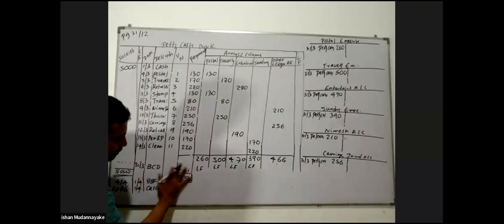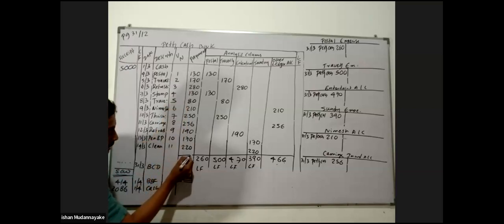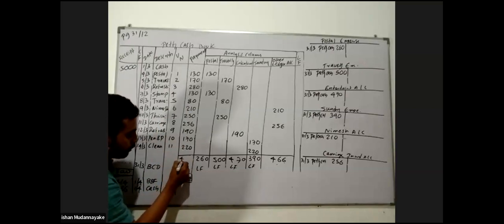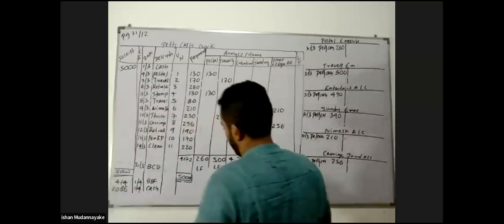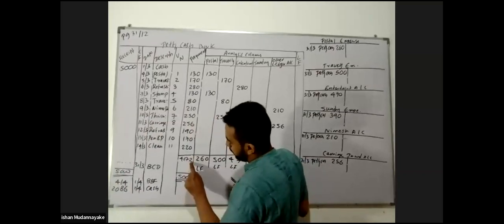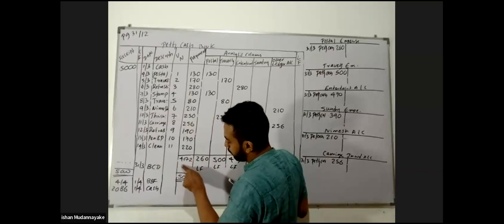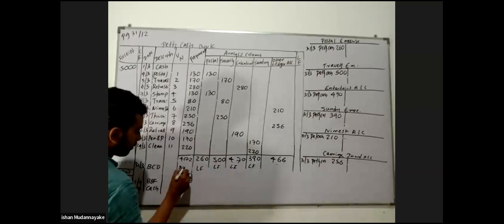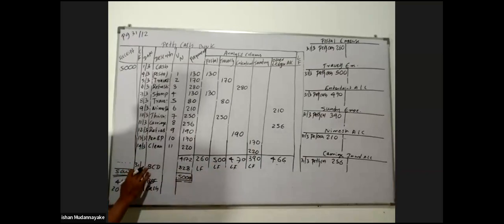Then from this 5,000, credit side total payments how much? 4,172. Write down 4,172 here. Then 5,000 minus 4,172, the remaining balance is 820. Right. Then 30th April, and then 1st May, balance brought forward 820 in your answer.